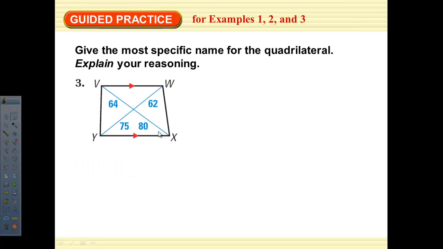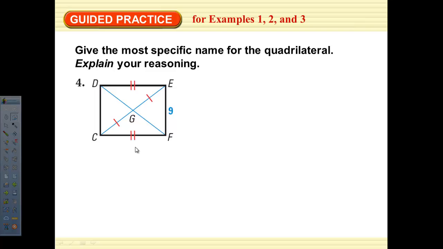We have one set of parallel sides. That makes it a trapezoid. If we look, the 64 and 80 gives me 144. 75 and 62 gives me 137. So 144 and 137 are not equal. Therefore, this is not an isosceles trapezoid. It's only a trapezoid.